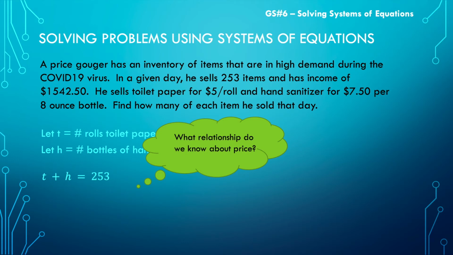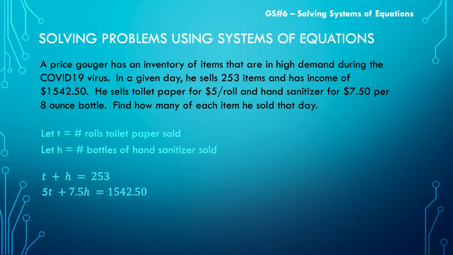Well, we can put that all together in an equation as well. We're going to want to multiply t by 5, because for every roll of toilet paper sold, he's going to get $5. So $5 per roll of toilet paper.